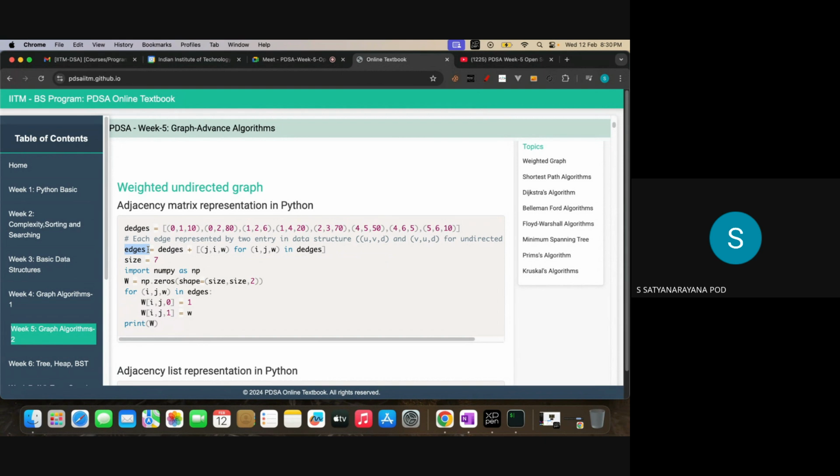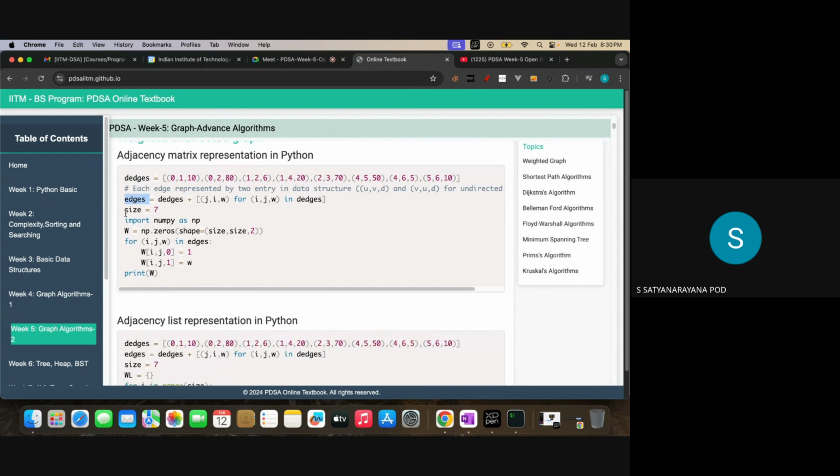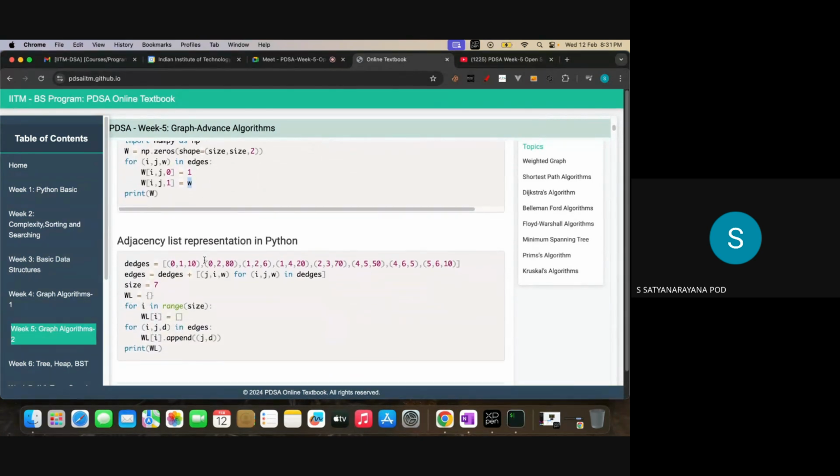This step must be done, because undirected graphs have both directions implicitly, so you must do this step, and the rest of the steps are the same. The total size of the vertices is 7, they take a NumPy array and create it with the tuple of elements, and they create the adjacency matrix you want to create. If the edge is available, we put it as true, that is one, and the cost of the edge we put, that's called distance, weight, all these are the same thing here.